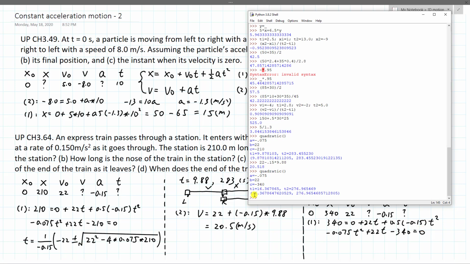This is when the train actually just formally pulls out of the station. This is when it somehow just keeps slowing down, and then stops, and then starts to come backwards. And this is when the end of the train has returned to the right side of the station. Apparently spending less time than the nose has to return to the right side of the station, right? So we can just skip that answer now, and we'll take the 16.4.